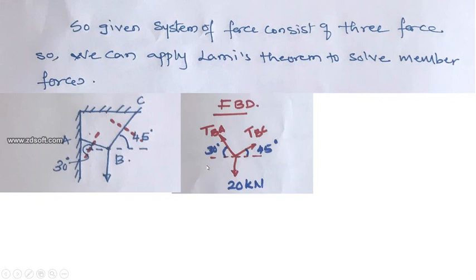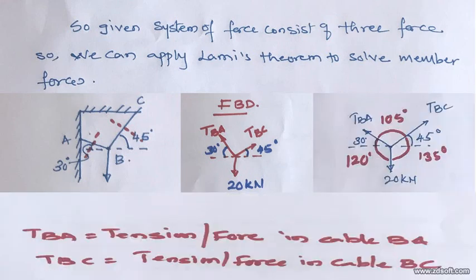Okay, so for solving the problem using Lami's theorem, we should know the angle between all the forces: between TBA and TBC, TBC and the 20 kilonewton, and TBA and the 20 kilonewton. So we need to calculate the angles. If I consider this angle, which will be 105 degrees, we know that the horizontal makes a 180-degree inclination, in which this is 30 degrees and this is 45 degrees.